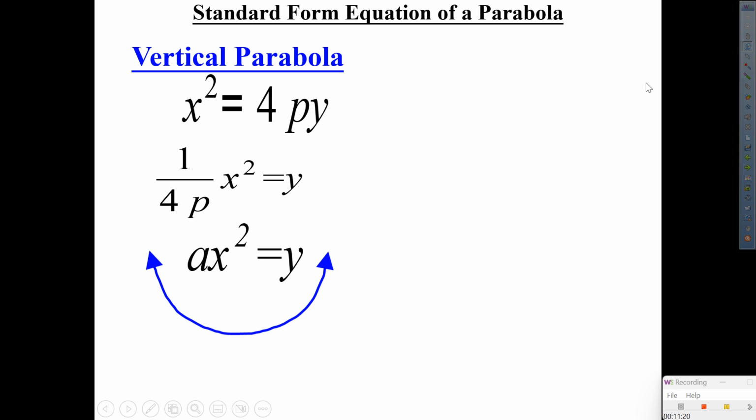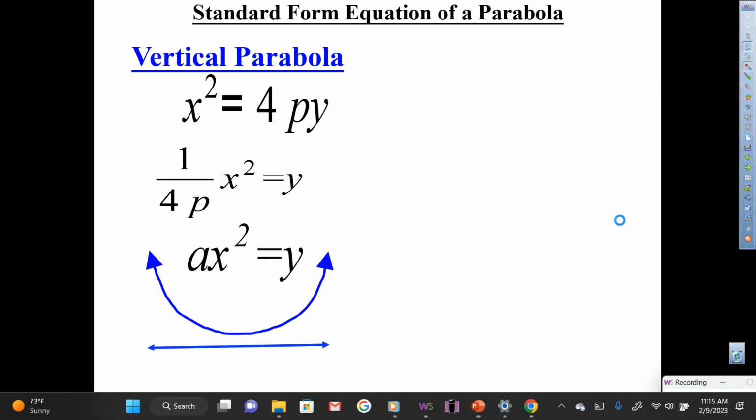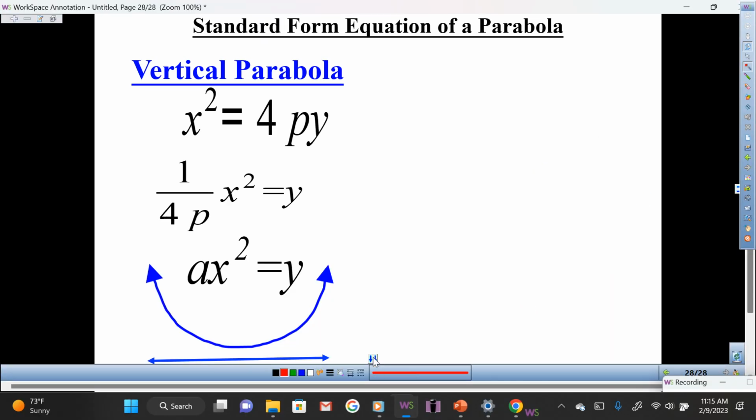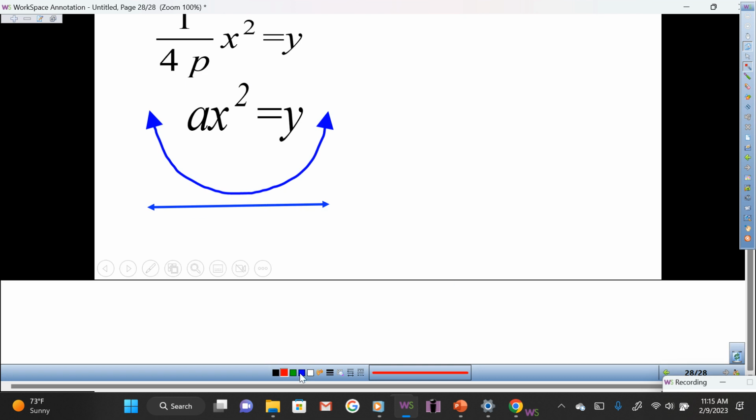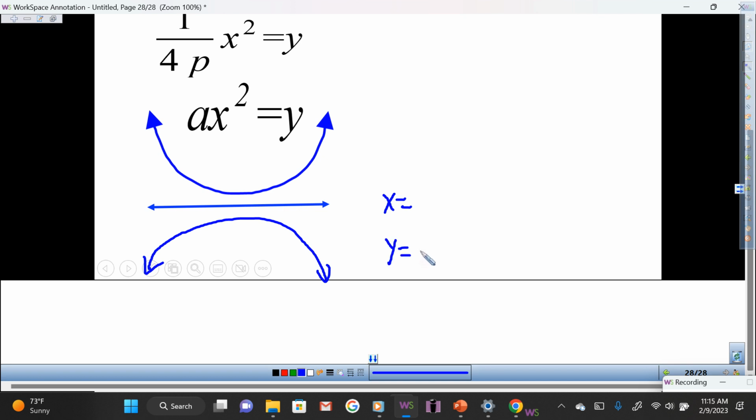Now, here it goes. Hopefully those of you that did the practice last night, you remember. It can open upward or downward like so. Now, question. Look at this line of the directrix. Is that an x equals a number or a y equals a number? Tell your neighbor.